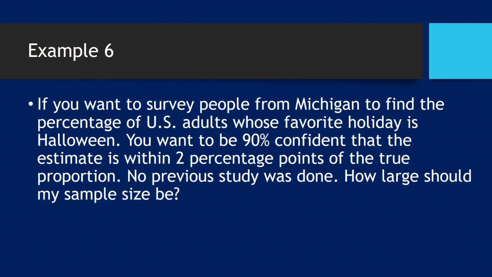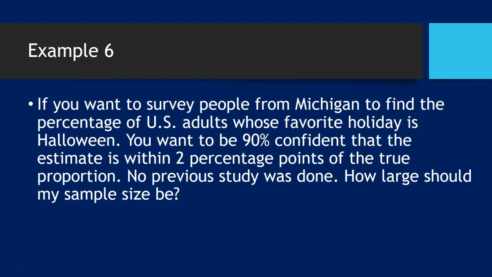So let's do this one. Let's say we wanted to find the proportion of, survey people from Michigan. We're going to find the proportion or the percentage of adults whose favorite holiday is Halloween.